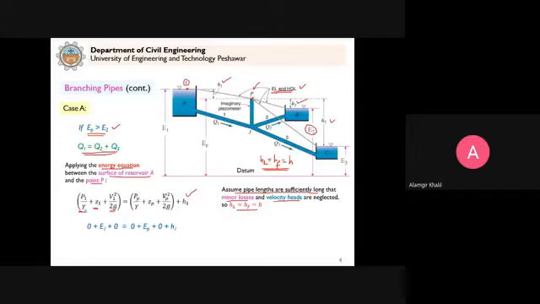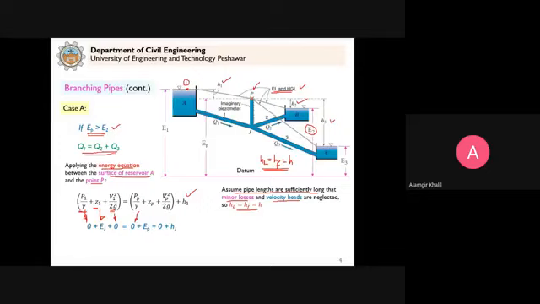So now this P by gamma is 0, and Z1 above a datum is equal to E1 here. The V1 square by 2G velocity here is negligible, very small, so this is 0. At this point again, it is open, so this is equal to 0.